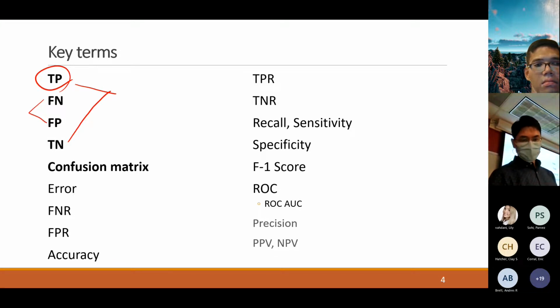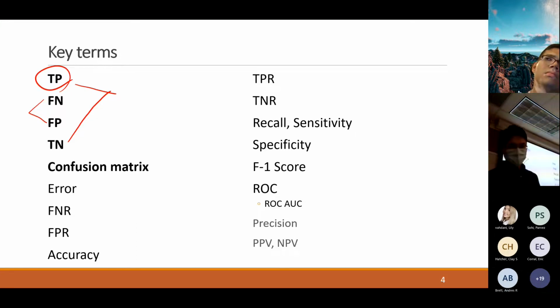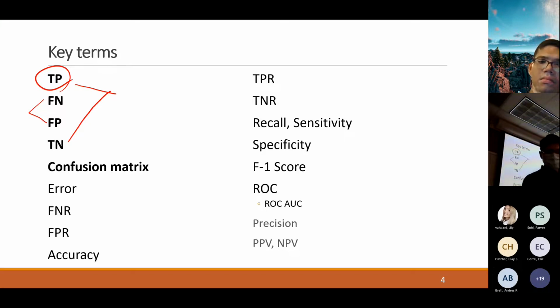False negative means the actual was positive and we predicted negative, a wrong prediction. True negative means we predicted the target as negative, and it was negative in actual. And false positive means we guessed positive, but it was actually negative, so we predicted in a wrong way.